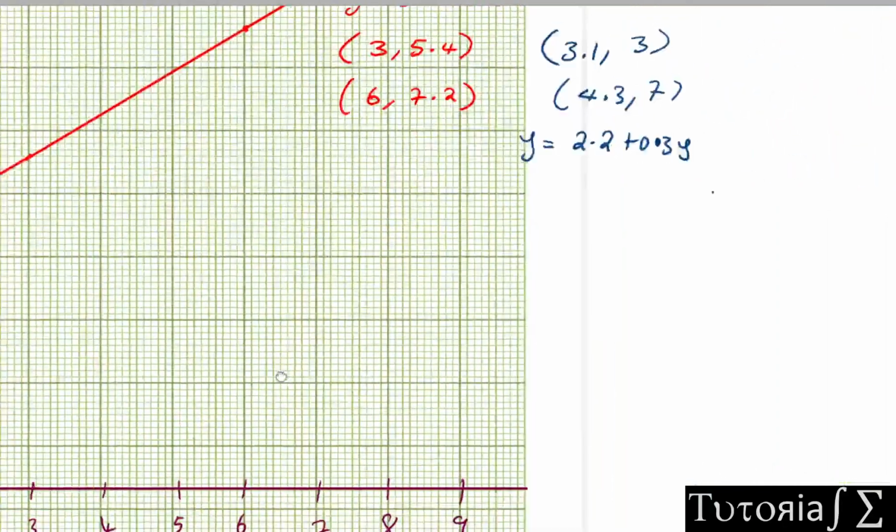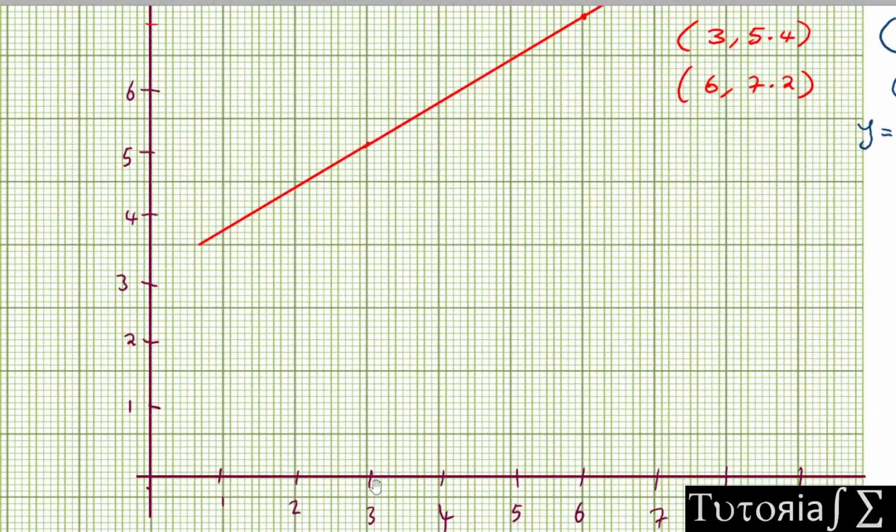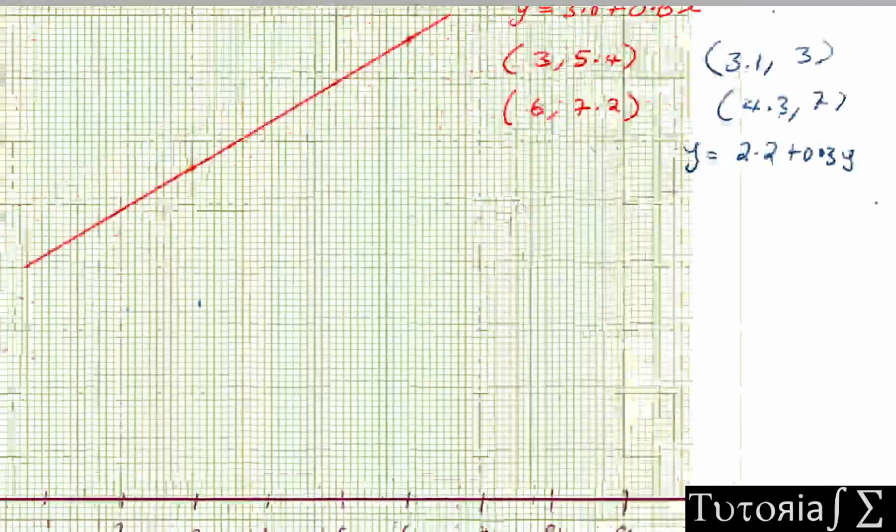Then for the other one, we look for (3.1, 3). So 3.1 will be somewhere there, 3 would be somewhere there. So (3.1, 3) will be somewhere there. Okay. Then (4.3, 7).